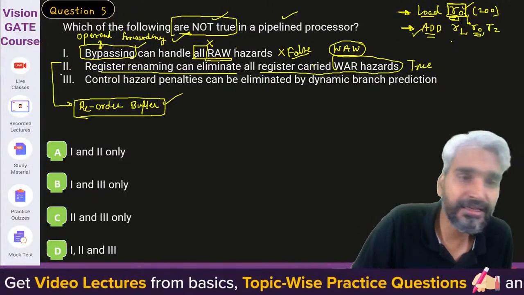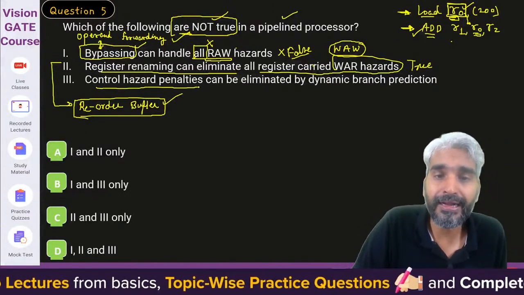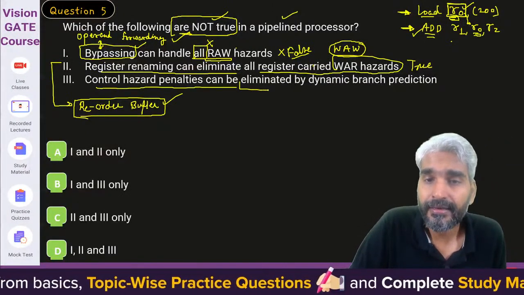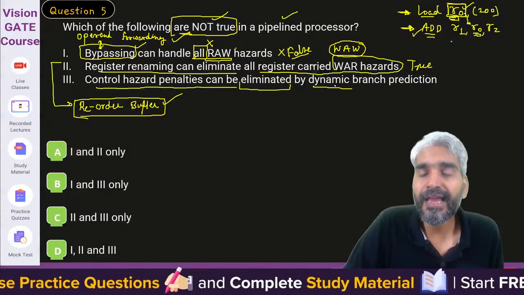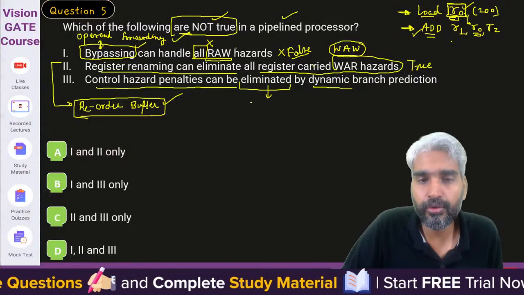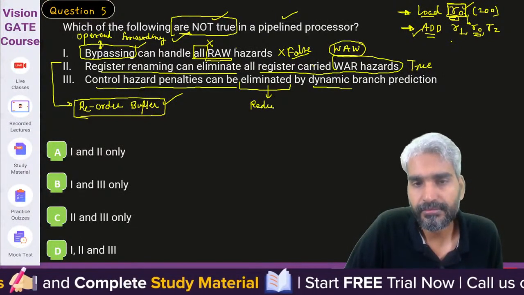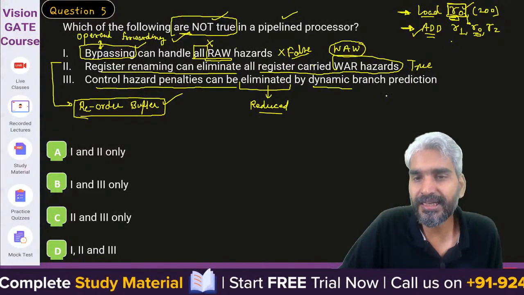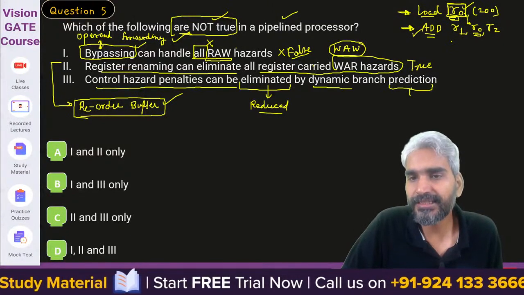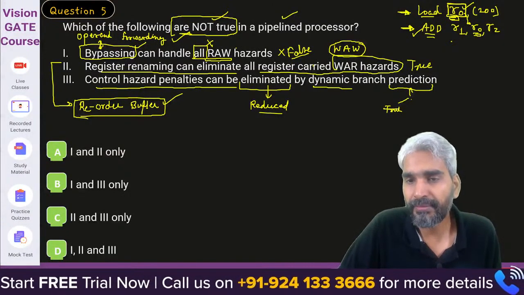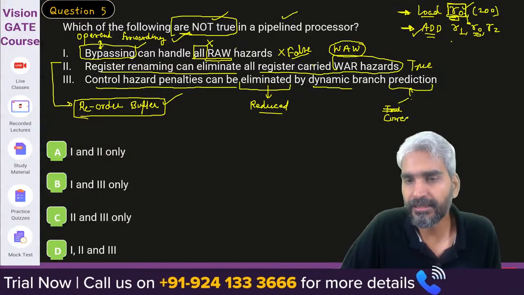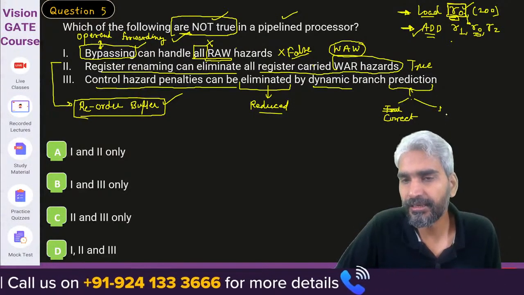Then the next one is: control hazard penalties can be eliminated by dynamic branch prediction. Can be eliminated? No sir, they can be reduced, because it is just a prediction. Your prediction may be correct, or your prediction may be wrong.